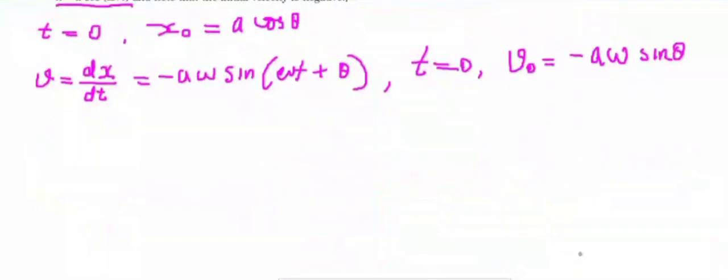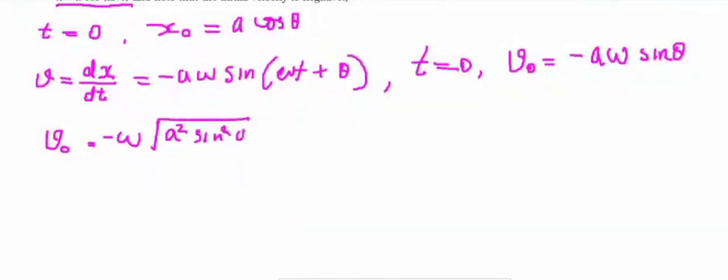Now we have the formula v0 is equal to minus a omega sine theta. Take this v0 formula, keep the minus omega outside, then the remaining part, the same thing we have done in the derivation also, you can square and take the square root.